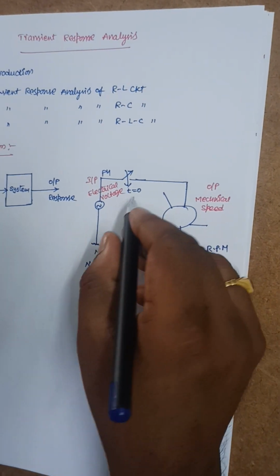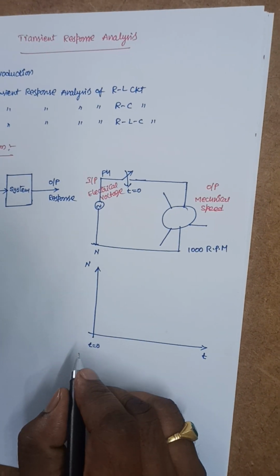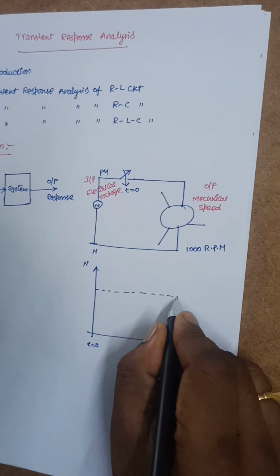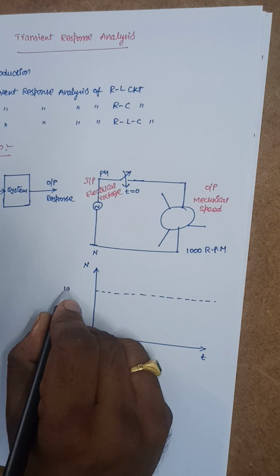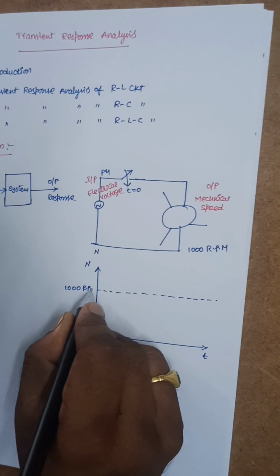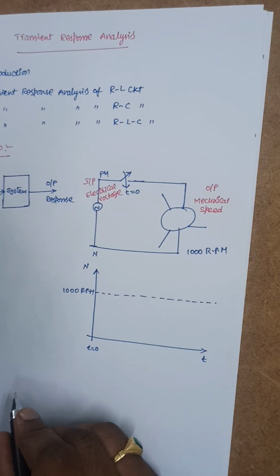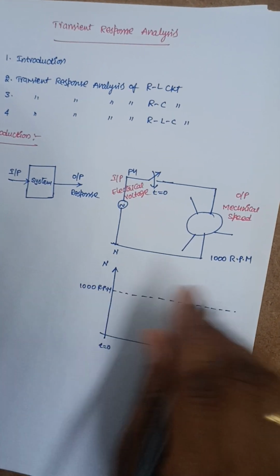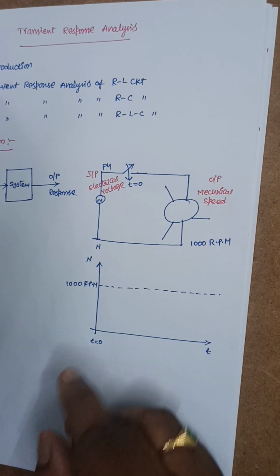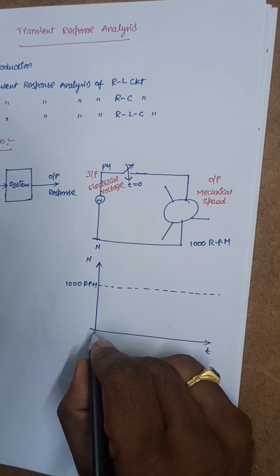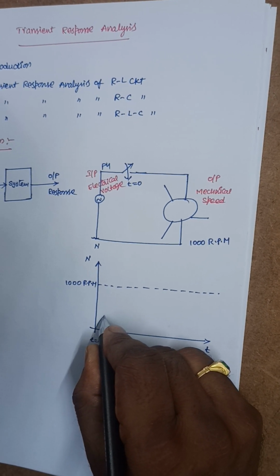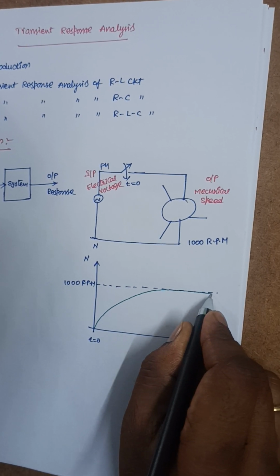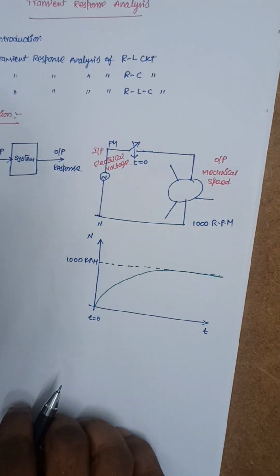Initially the speed at t equal to 0 is 0, and the maximum speed here is 1000 rpm, where rpm means rotations per minute. Whenever we switch on the supply, this fan picks up its speed slowly and tries to reach its full speed. So this is the graph of speed versus time.